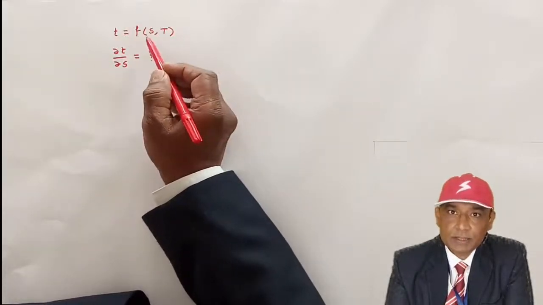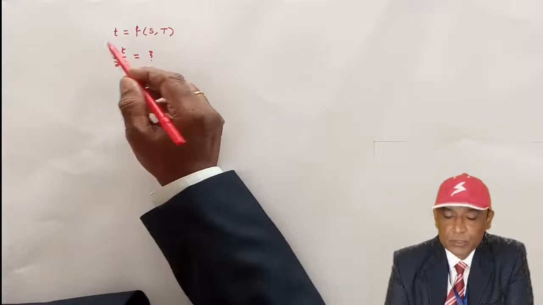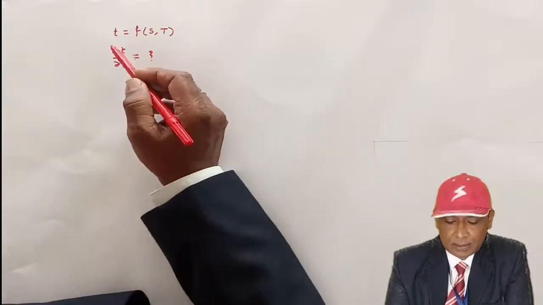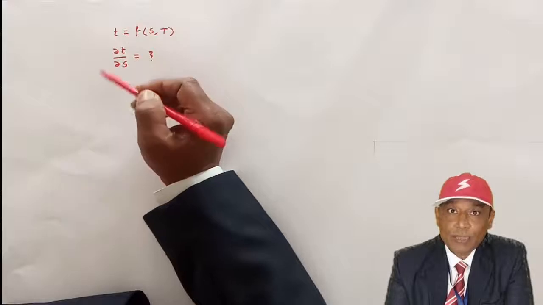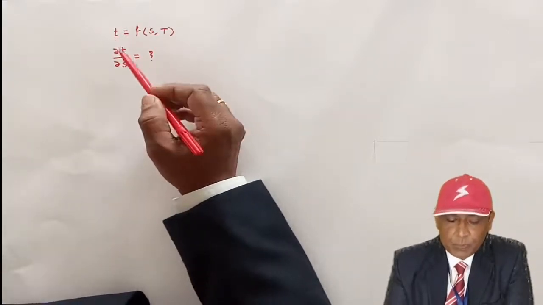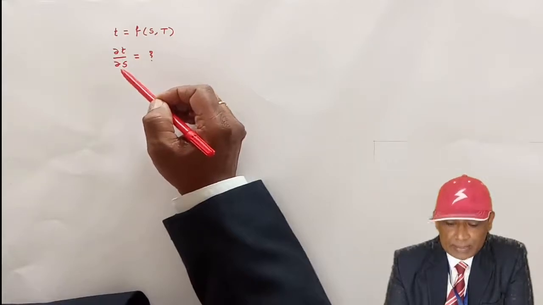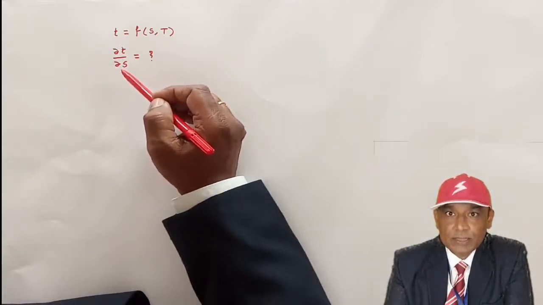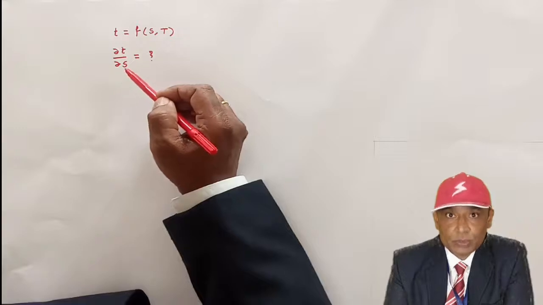As speed increases, time may reduce. If speed decreases, then time increases. But if I want to calculate the rate of change in time t with respect to s, in this case, the tool is being used, which we are going to study.